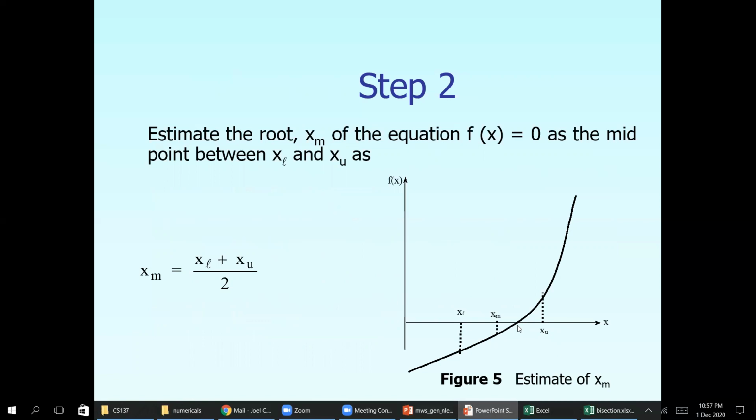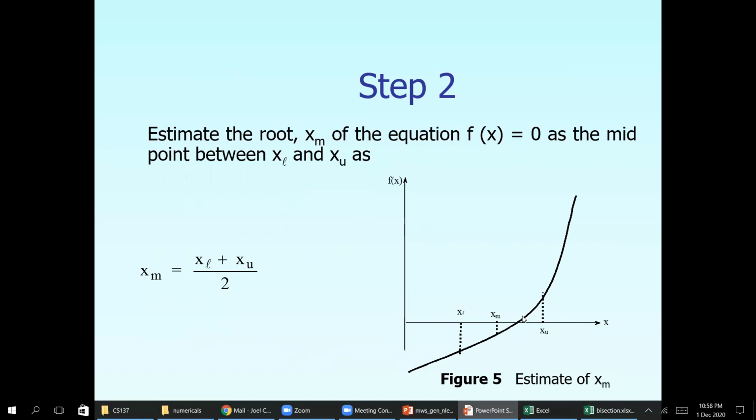To get closer to the true root, we need to choose the nearer point to our root. Between x sub l and x sub m, x sub m is nearer. Both are negative, so the nearer negative will be chosen for the next iteration. That's why we replace x sub l by x sub m when the result is negative. But if it's positive, we replace x sub u by x sub m.